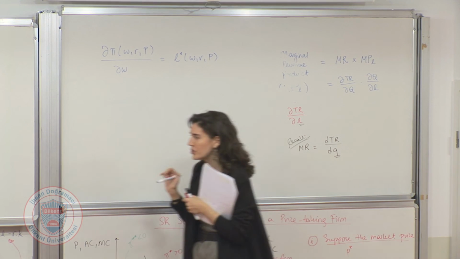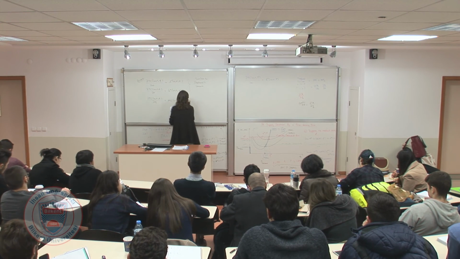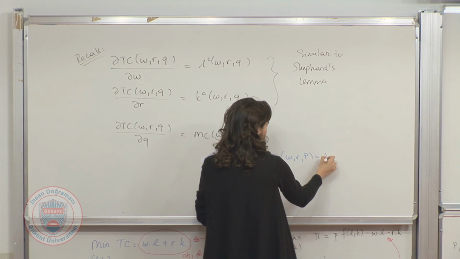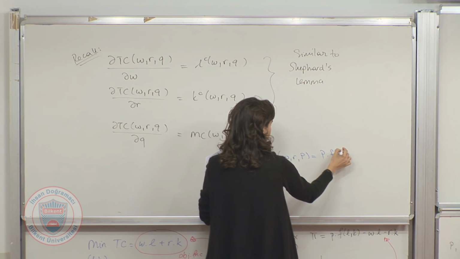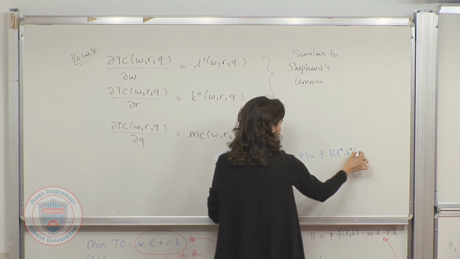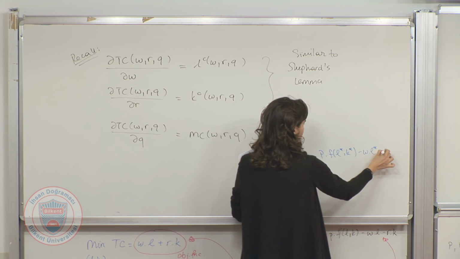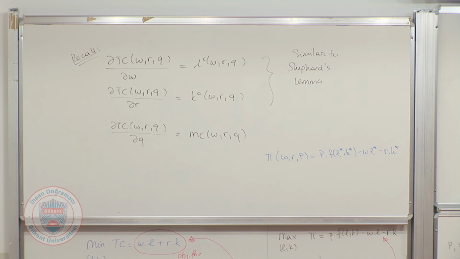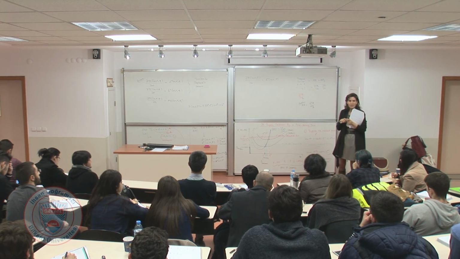Remember the profit function. It looked like this: pi of wage, R, p is P times F of L star, K star, minus wage times L star, minus R times K star. Before, in cost and expenditure, those guys were appearing with a positive sign. So what should I do? There should be a minus in front, okay?